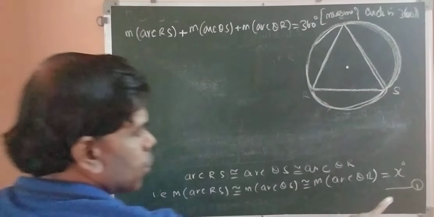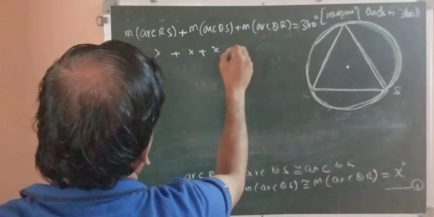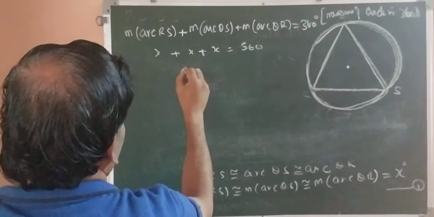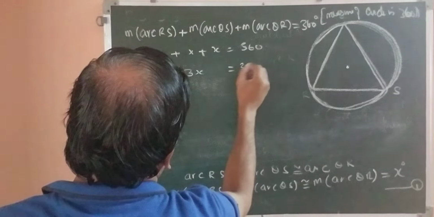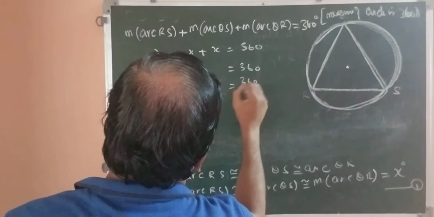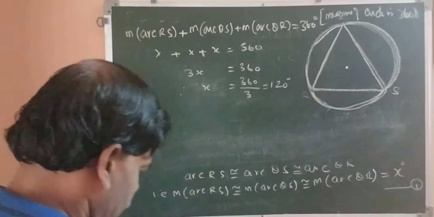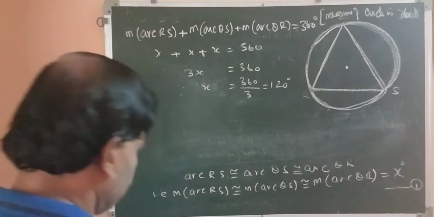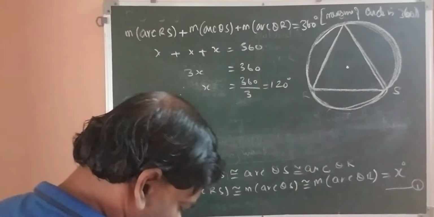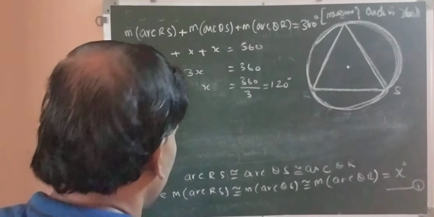Now, what is this? We assumed x plus x plus x equal to 360. So, 3x equal to 360. Therefore, x equal to 360 upon 3 equal to 120 degrees. Therefore, see what you have asked. So each are 120 degrees.